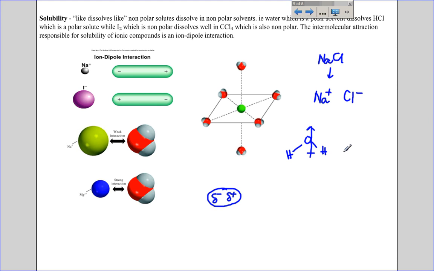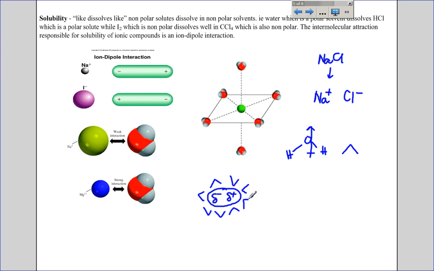We use a little representation like this for our water molecule, whereby the pointed end is the oxygen and the other end are the hydrogens. We can see that water would surround this polar molecule in this fashion, where the oxygens would point towards the slightly positive end and the hydrogens would point towards the slightly negative end.